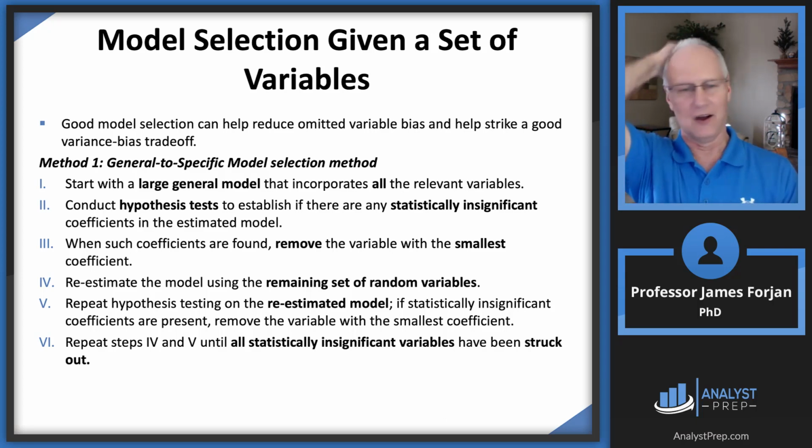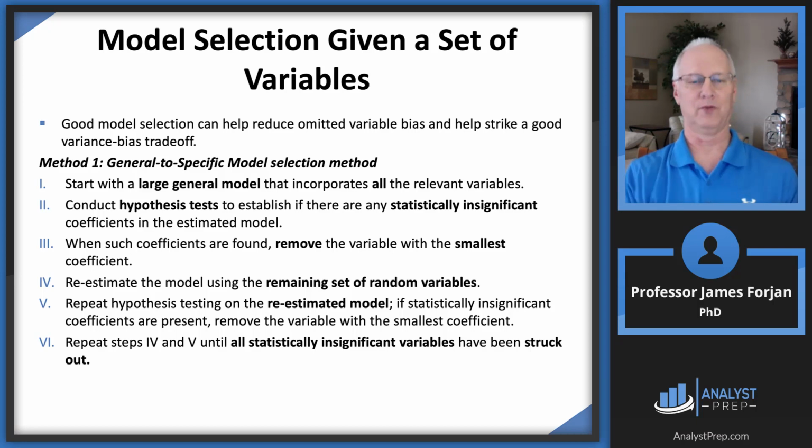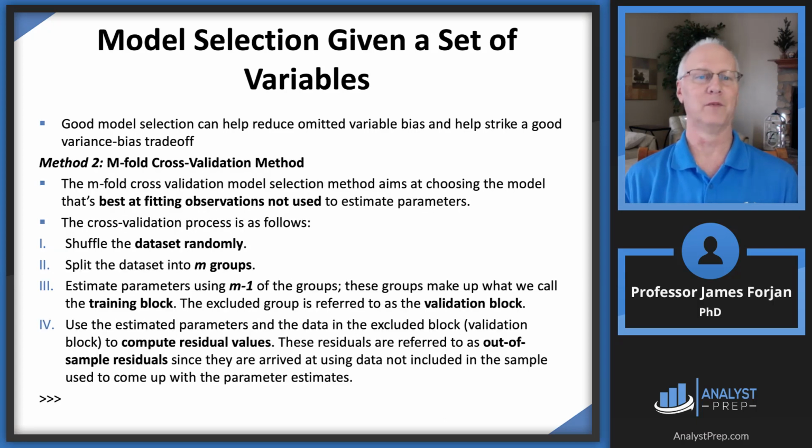And I always scratch my head with that. That's supposed to lead you then to the perfect model. But what that ignores then is how those remaining variables may have related to some of those other variables, and maybe those are important. So even though some of those variables are not statistically significant, maybe they're important. Of course, maybe they're not, and that's what the experience comes from.